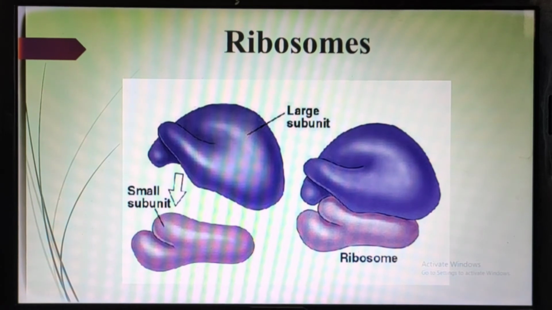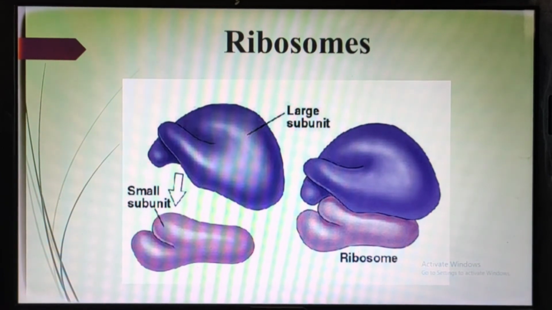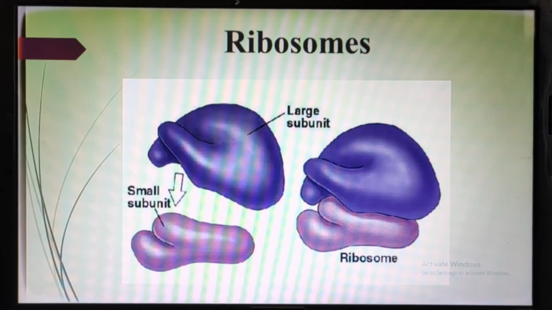The large subunit is one piece of a ribosome, and the small subunit is also one piece of a ribosome, and both subunits get attached to each other, and after that they create a chain called a polyribosome, and it starts to synthesize the protein.